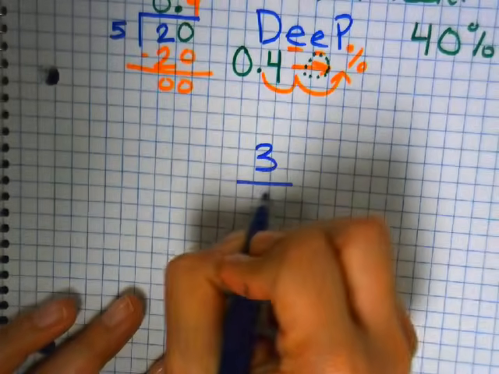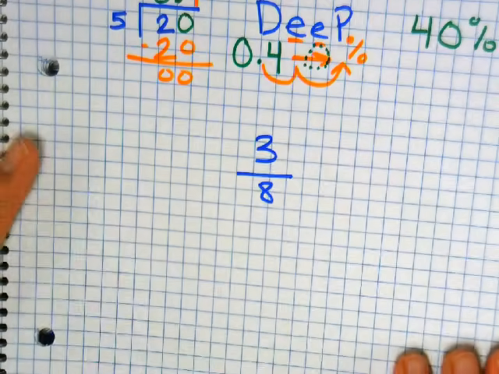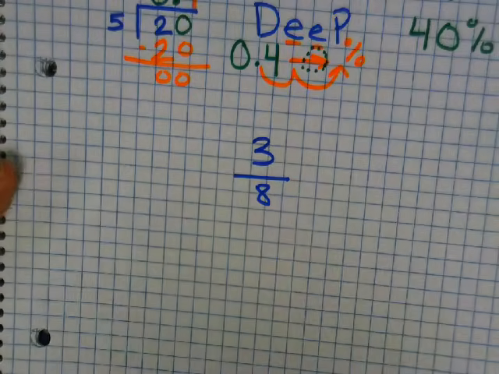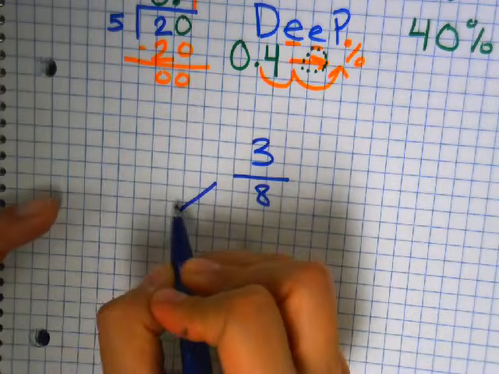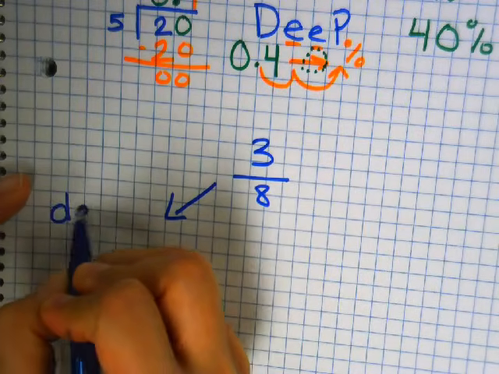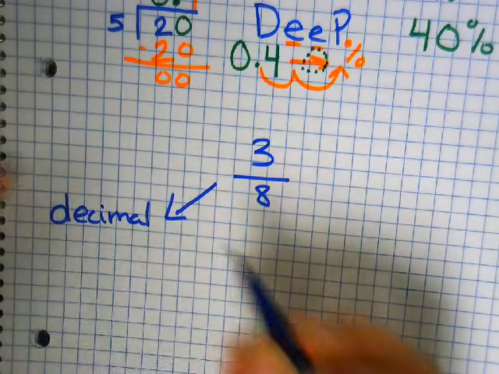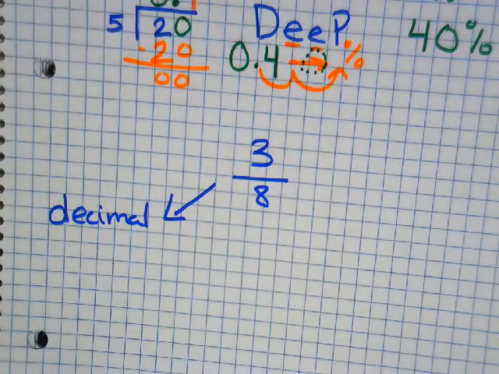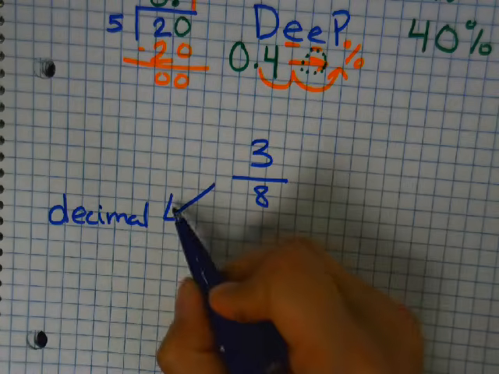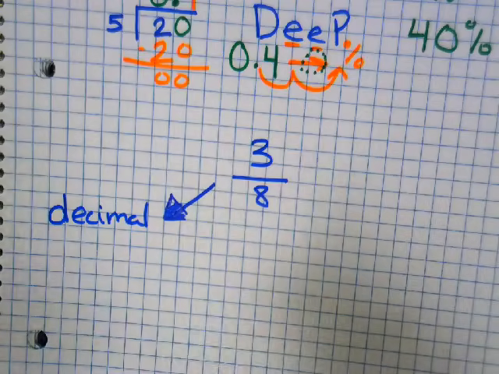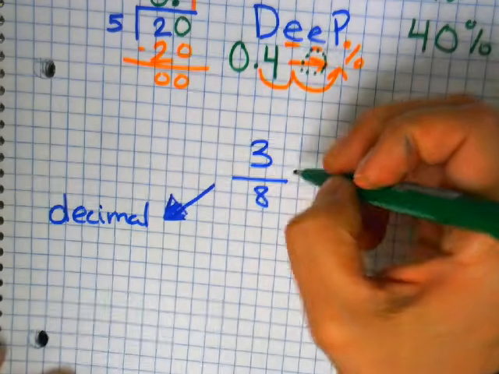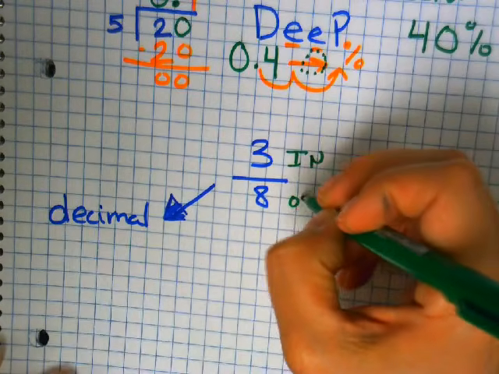3 over 8. We're going to change it to a decimal. How do I change a fraction to a decimal? What math do I have to do? Division. Very good. We have to do in and out.